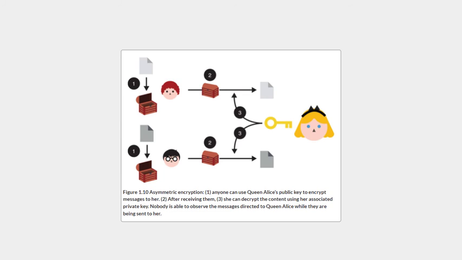In our analogy, imagine that you would insert your message into the open chest and then close it. Once the chest is closed, nobody but Queen Alice should be able to open it. The box effectively protects the secrecy of the message from observers. The closed box, or encrypted content, can then be sent to Queen Alice, and she can use her private key, only known to her, remember, to decrypt it. See Figure 1.10.